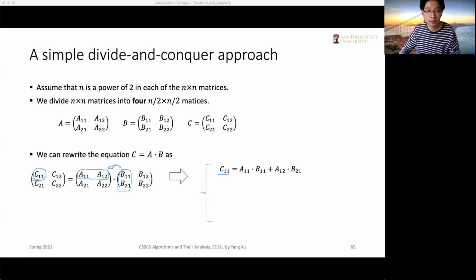The dot product is A11 times B11 plus A12 times B21.